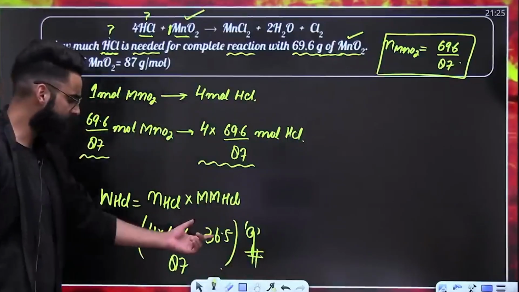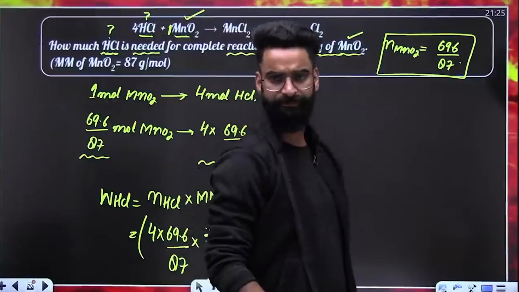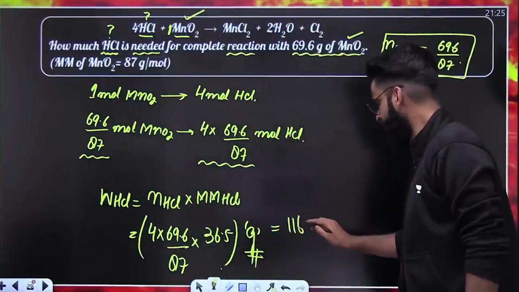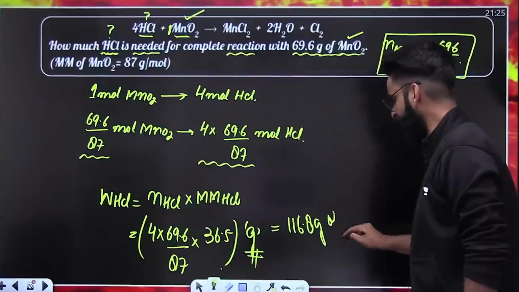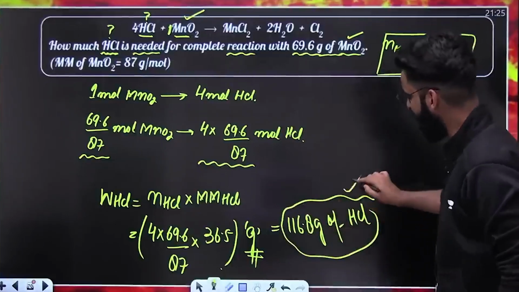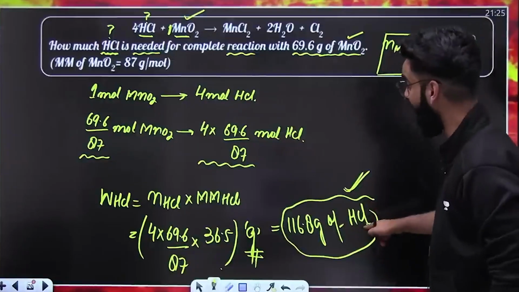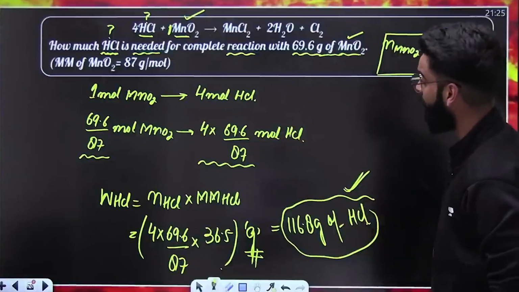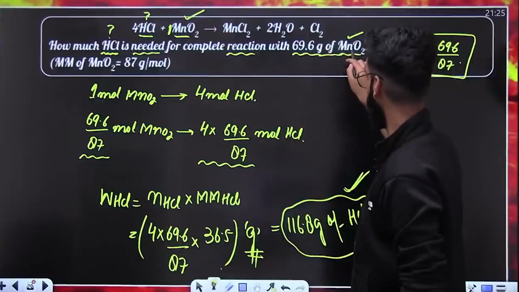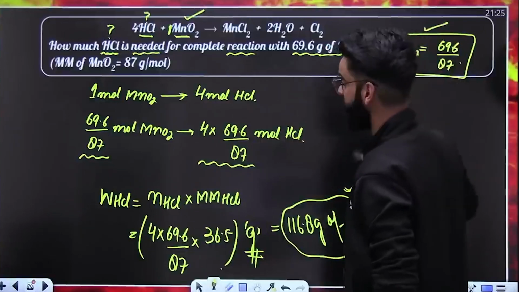So let me know what value you get after solving this equation. It is 116.8 grams of HCl. So this is basically the mass of HCl which is required to react with 69.6 grams of MnO2, to react with these many moles of MnO2.